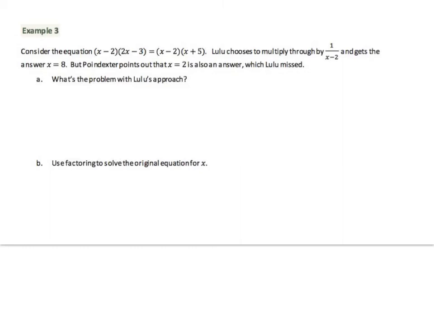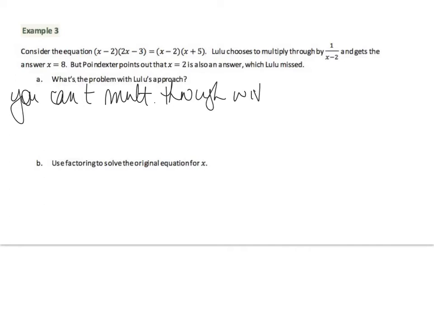Well, you can't actually multiply through with 1 over x minus 2 because x minus 2 could actually be 0.